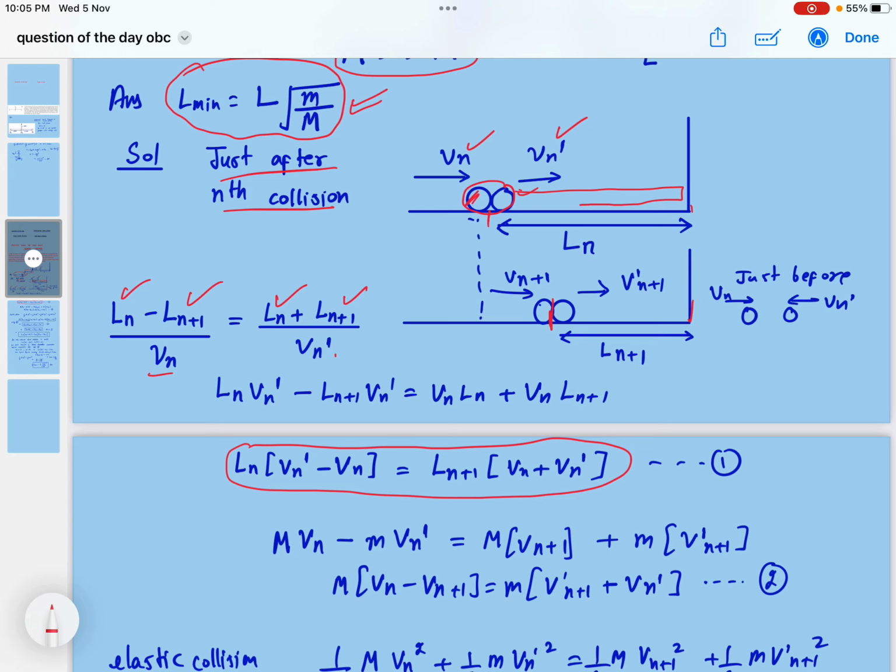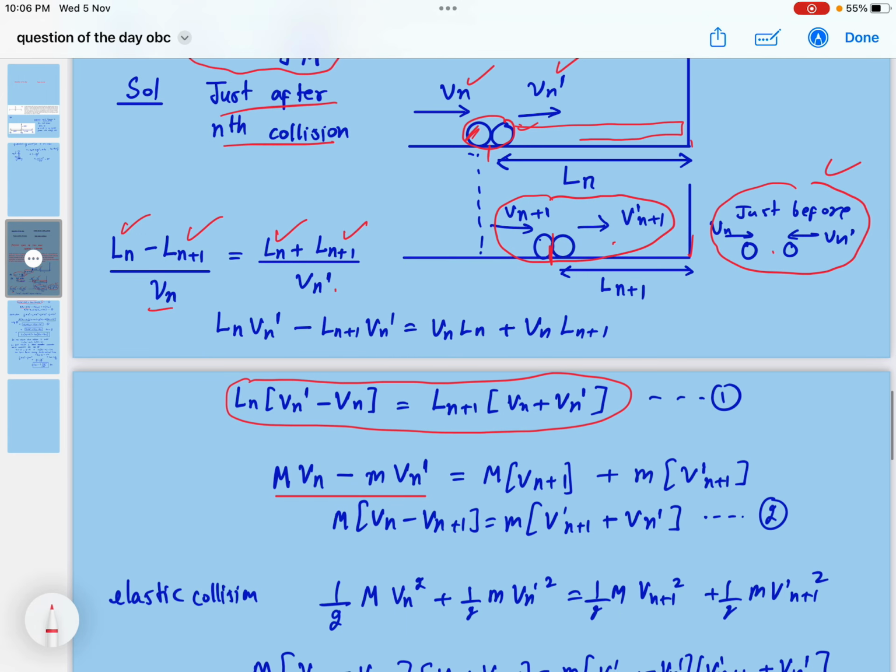How, beta? By linear momentum conservation, right? That is the initial linear momentum. When after collision it is coming back, just before the next collision the velocities were like this, and just after the next collision the velocities are like this. Between these two collisions I am doing linear momentum conservation and kinetic energy conservation, beta, right?